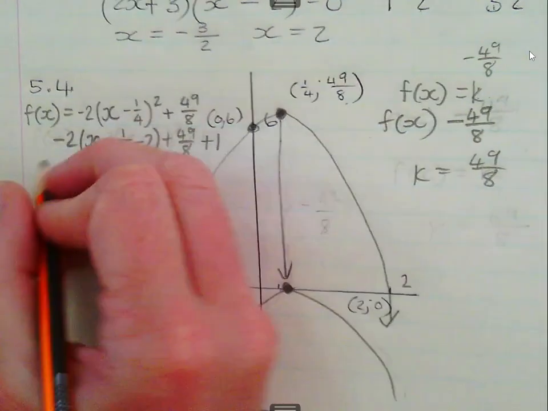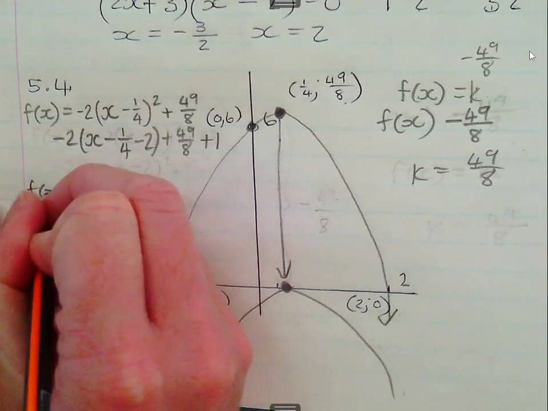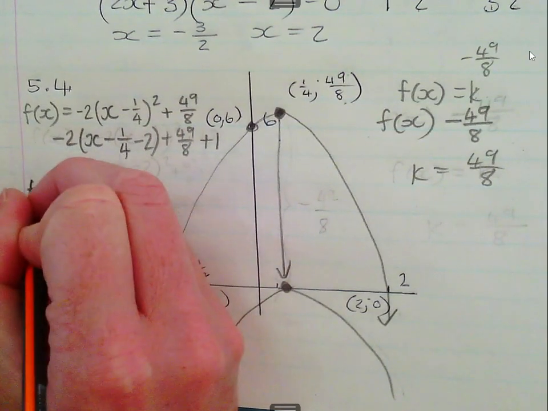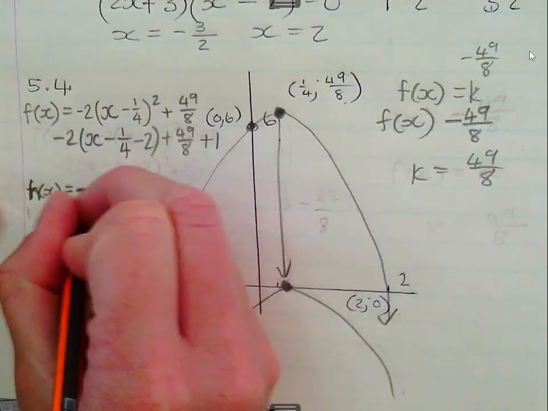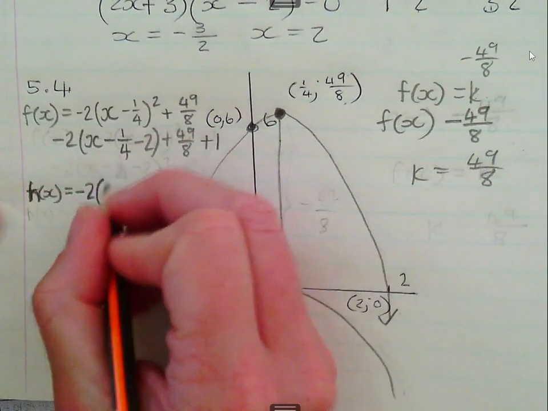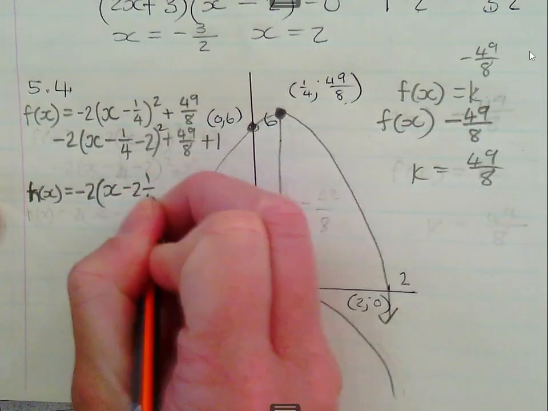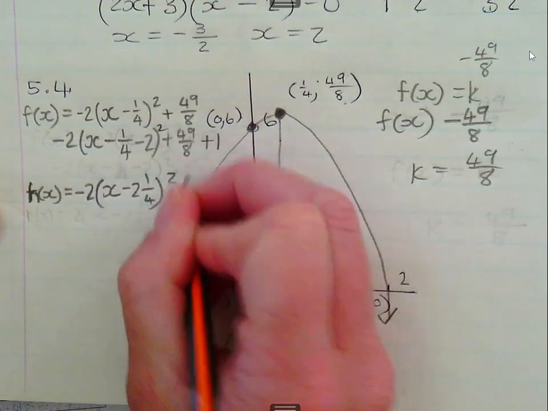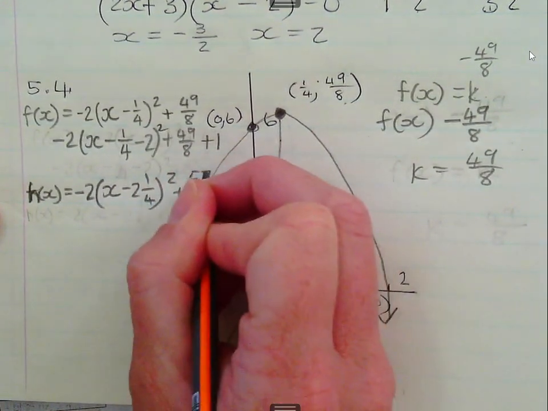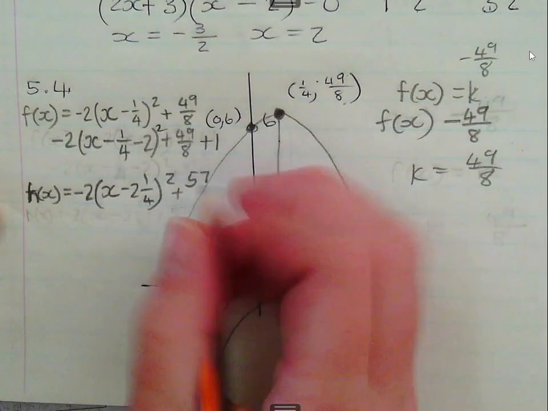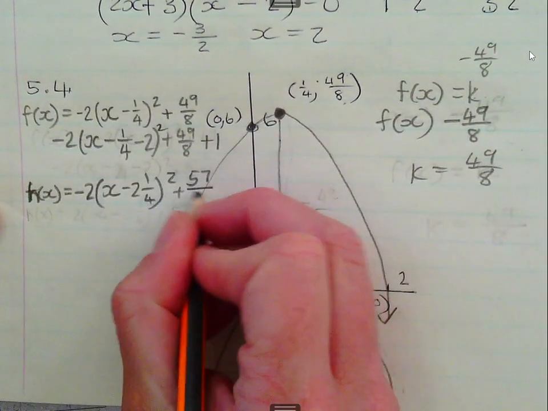And then you can just simplify it. H of x, excuse, this is now the new graph, equal to negative 2, bracket, x minus 2¼ squared plus 57 over 8.